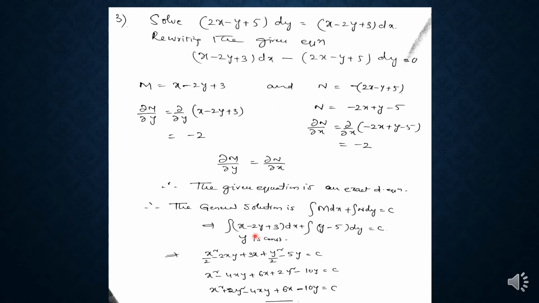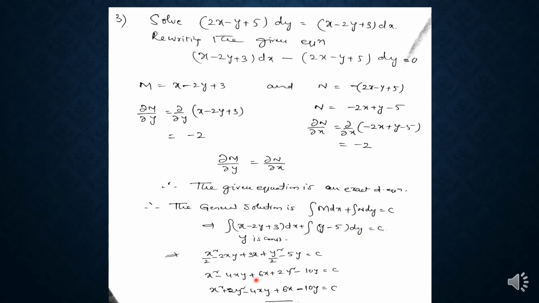Like that, integral 2y dx is 2y into x, that is 2xy, plus integral 3 dx is 3x. Thus we treated y as a constant like 2, plus integral (y minus 5) dy, that is integral y dy is y square by 2 minus integral 5 dy is 5y is equal to c.